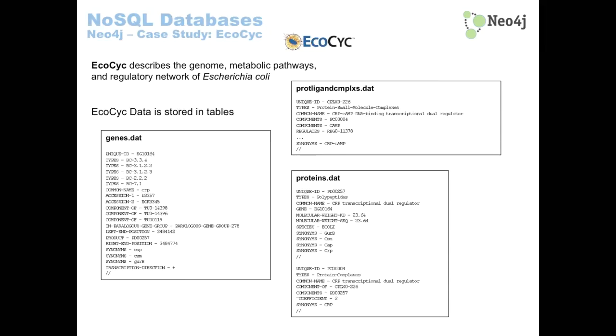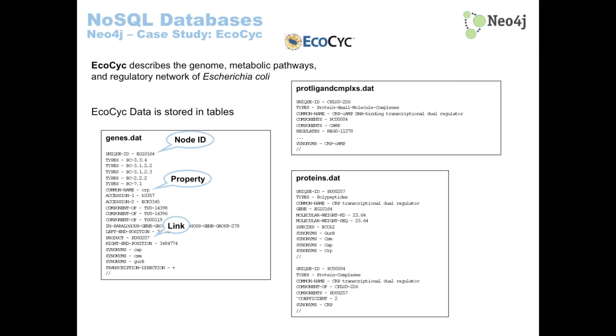So if you start looking within this data, the unique ID is something that we can pull out and use for a node ID. So here's the common name of this particular gene. We can use that as a property of that node. And then down here, we have an entry called product.